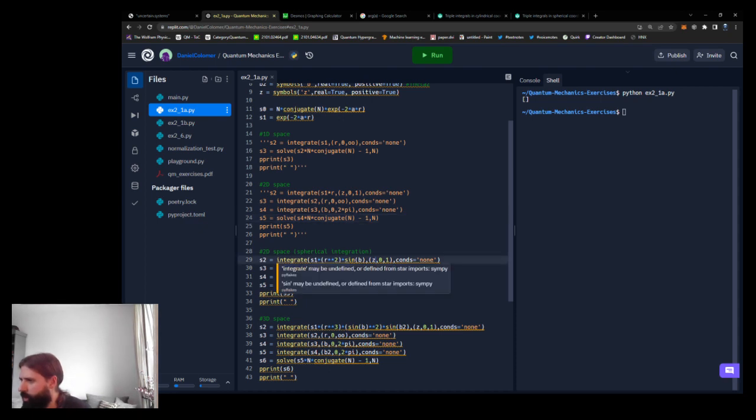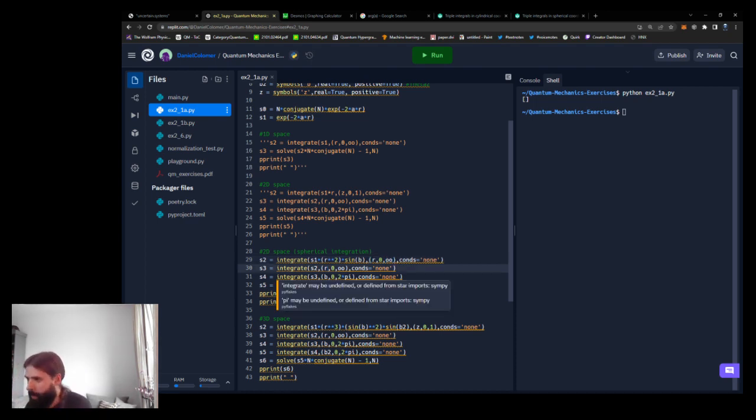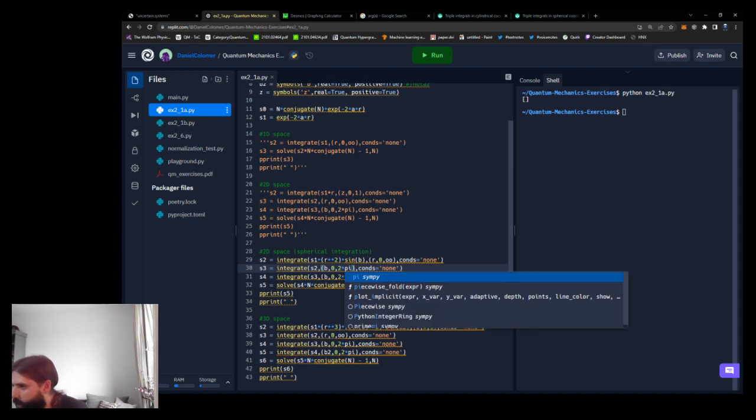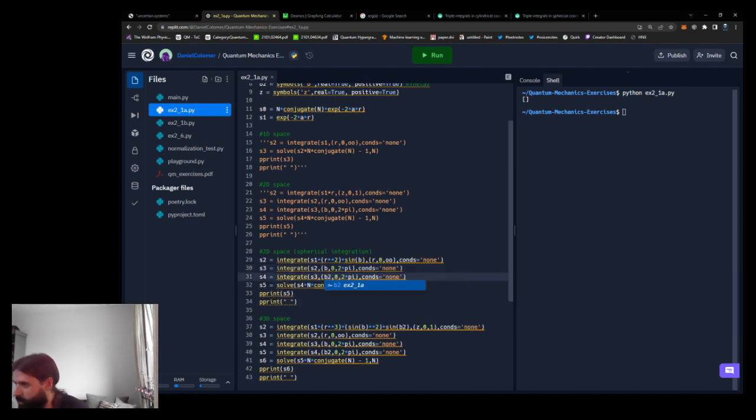And so first is r 0 to infinite. Then it's theta 0 to 2 pi. And then it's theta 2 0 to 2 pi.